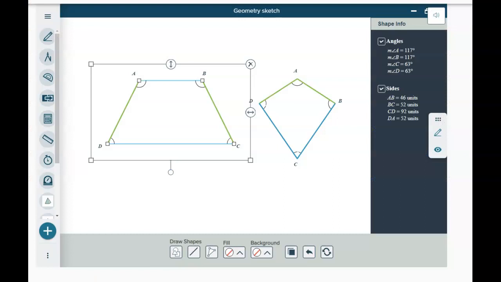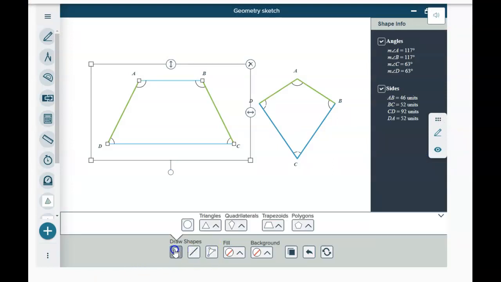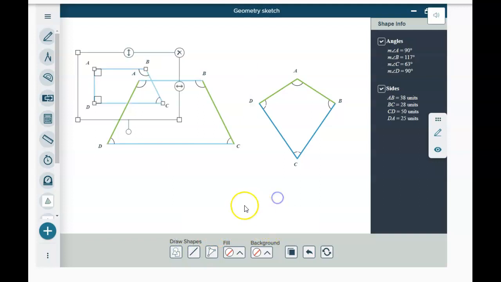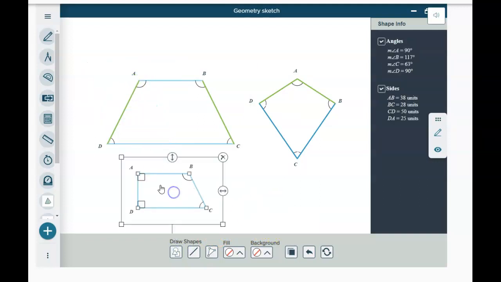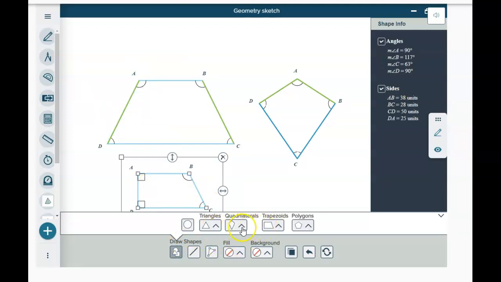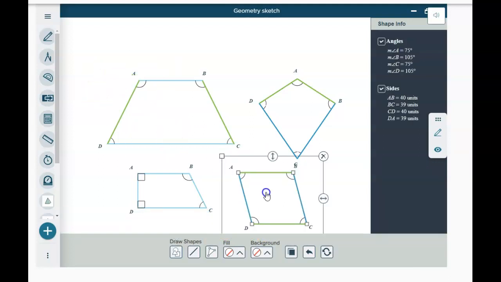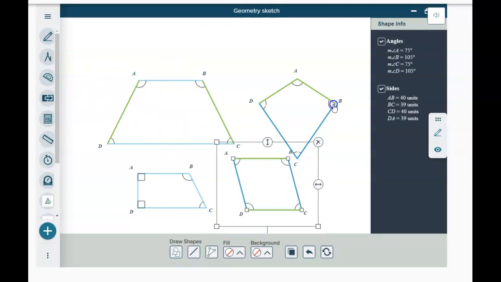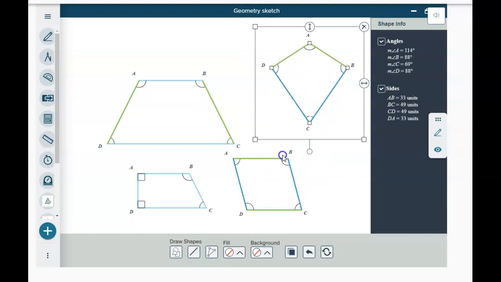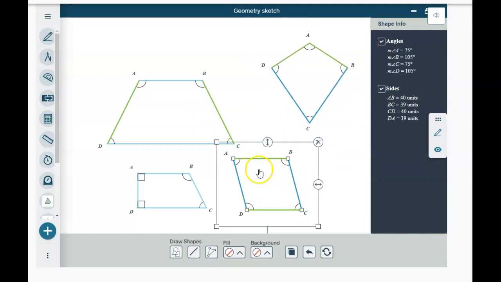So, when we come over here, the parallelogram is both sides. That's a trapezoid, but whenever we look at these, here's a parallelogram, because the opposite sides are congruent.